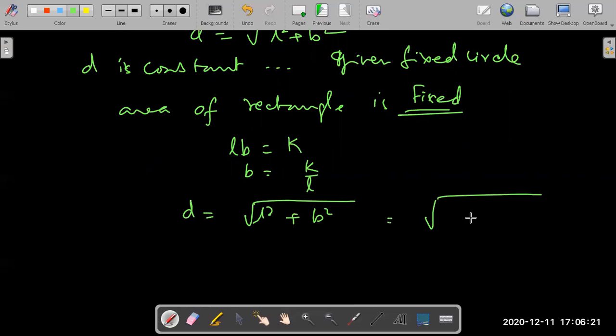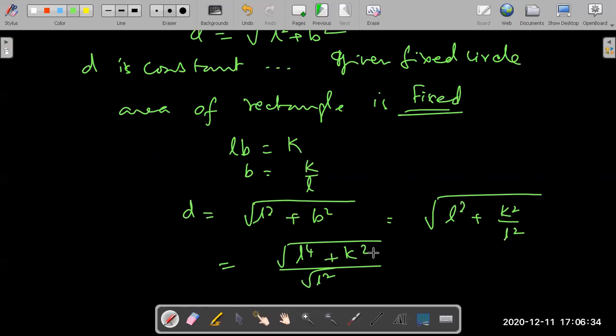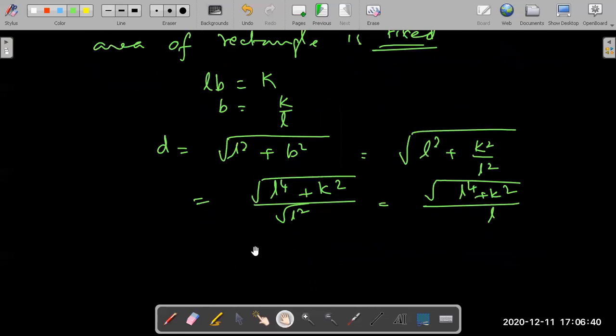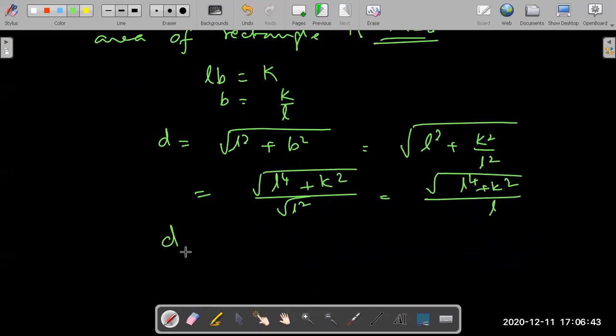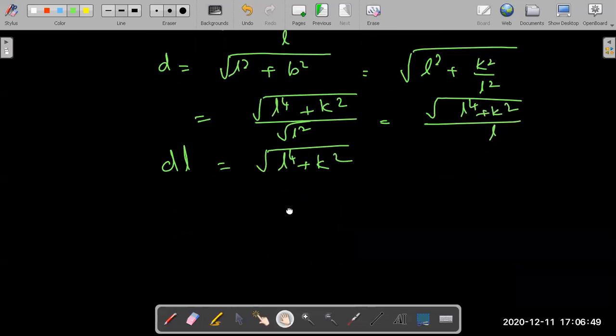That's equal to square root of L squared plus K squared by L squared. So you will have square root of L to the power of 4 plus K squared divided by square root of L squared, which is equal to square root of L to the power of 4 plus K squared divided by L. So this is what D is. I will differentiate this with respect to L.